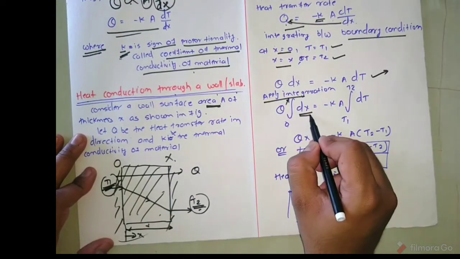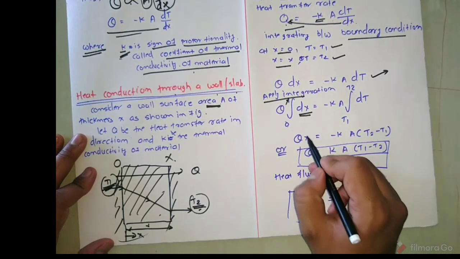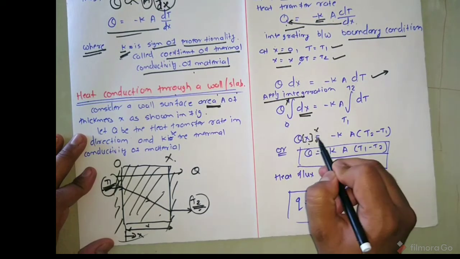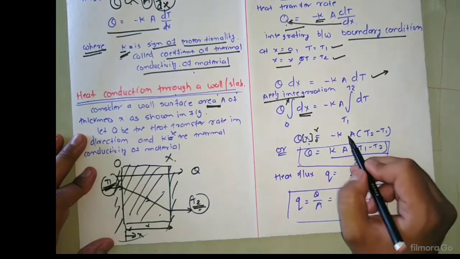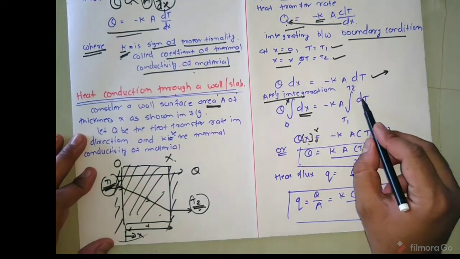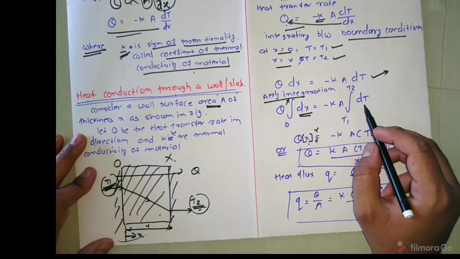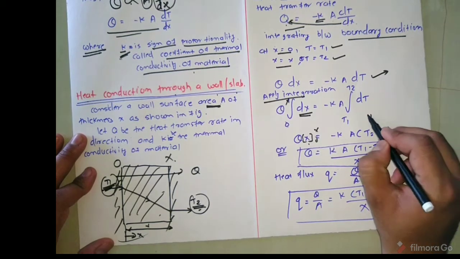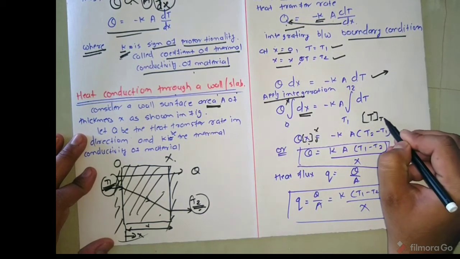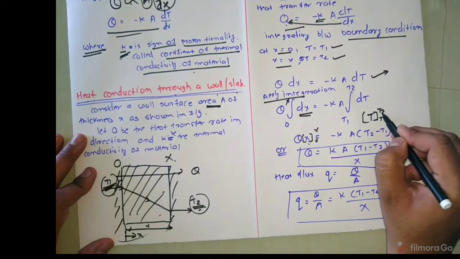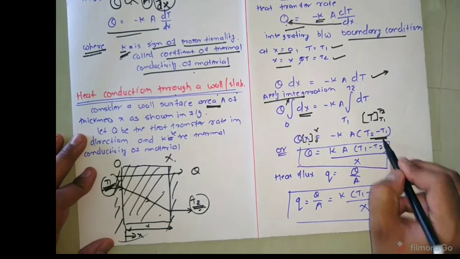The integral of dx is x, and applying the boundary condition 0 to x, we get x minus 0. Then the integral of dT is T; applying T1 to T2, the expression becomes T2 minus T1.